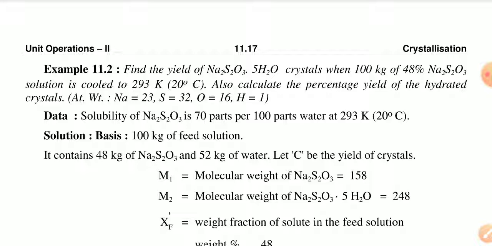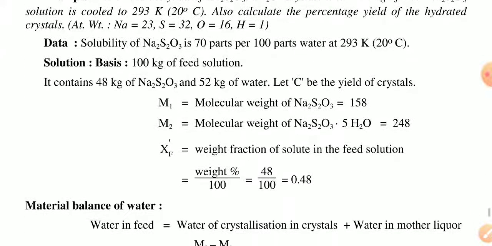M1 is the molecular weight of Na2S2O3, which is 158, and M2 is the molecular weight of Na2S2O3·5H2O, which is 248. X dash F is the weight fraction of the solute in the feed solution.